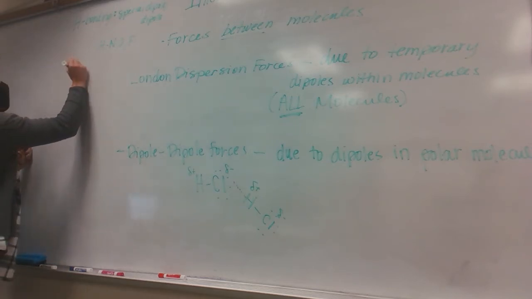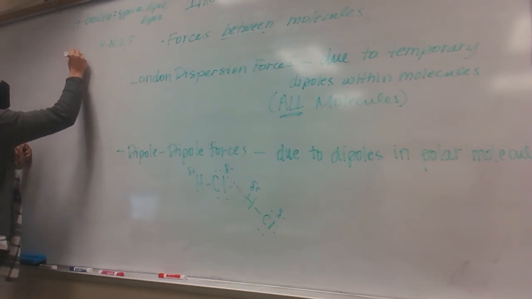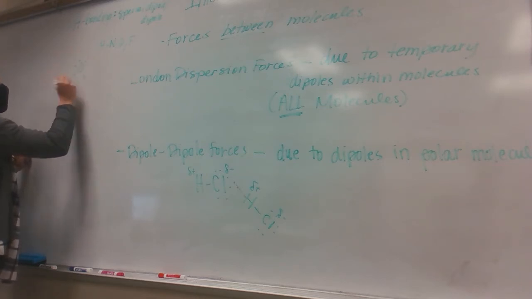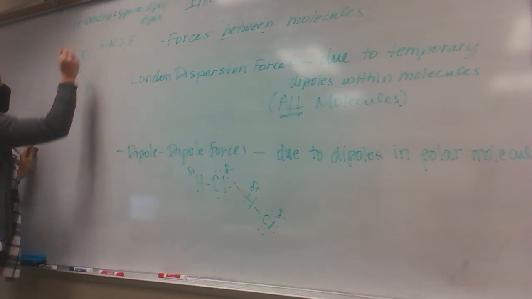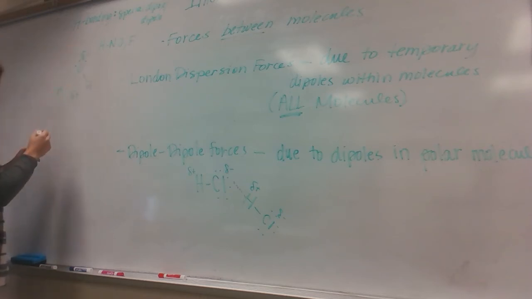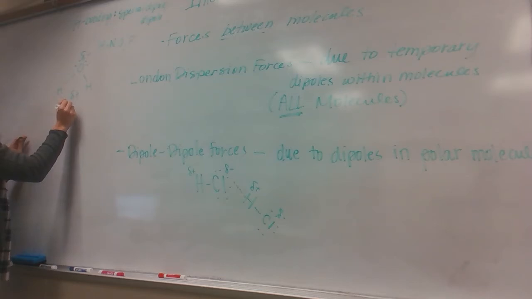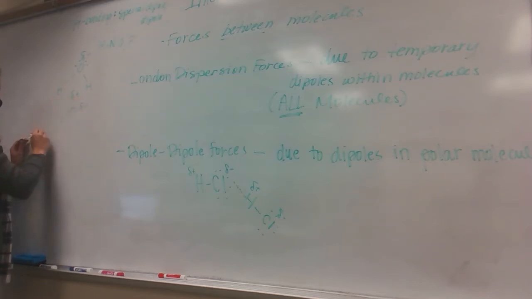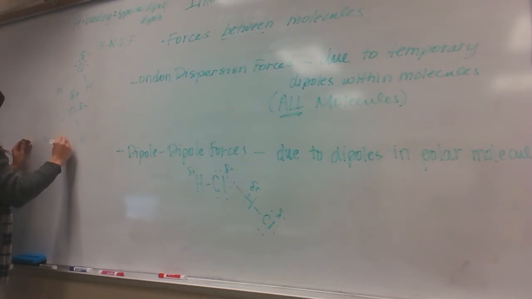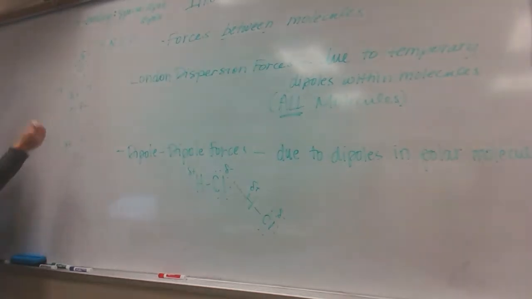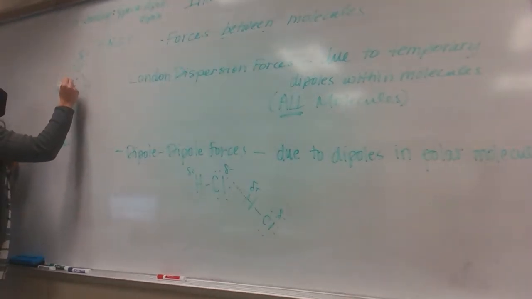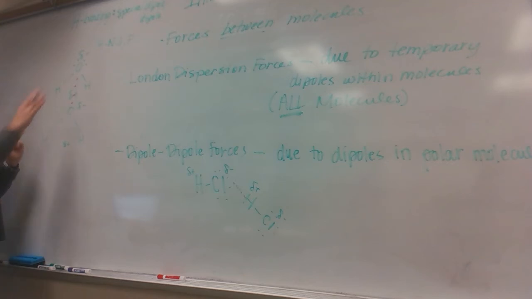So in water, we have a negative side and a positive side. In a beaker of water, the positive side is attracted very strongly to the negative side of another.